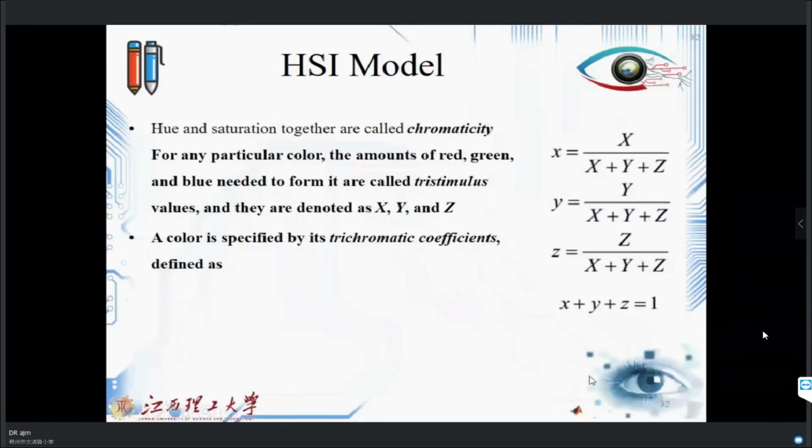This term will be added, which is the summation of X, Y, and Z, and now we assume it as one. The difference now between this and the RGB one is exactly this new term that you can see here.